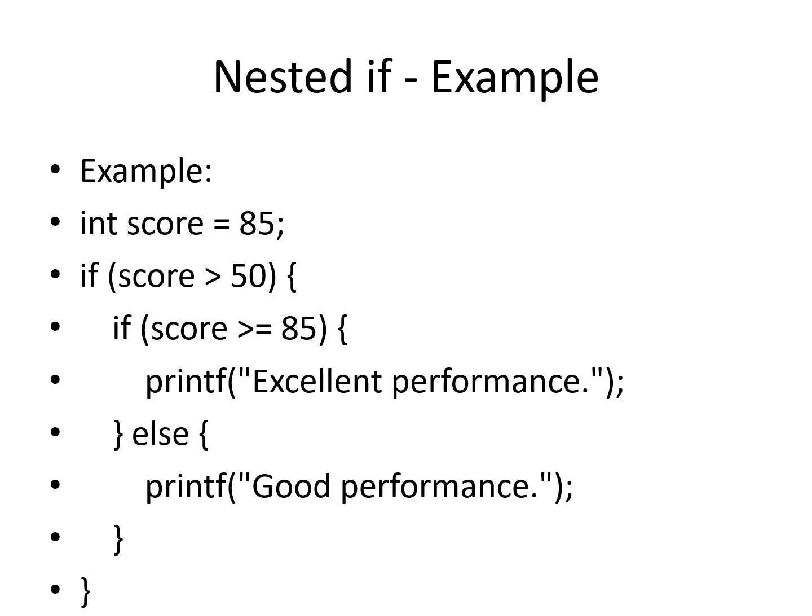If score is greater than or equal to 85, then it will say excellent performance, or if it is not, the else block will be printed. As we have initialized score equal to 85, score is greater than 50, yes, the first condition is true. Then it will go inside, score is greater than or equal to 85, yes, this statement is also true. Then it will print excellent performance.